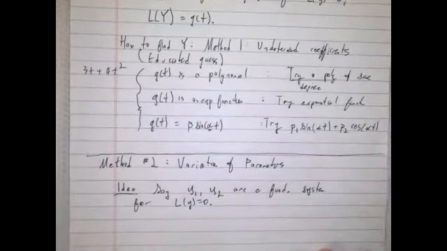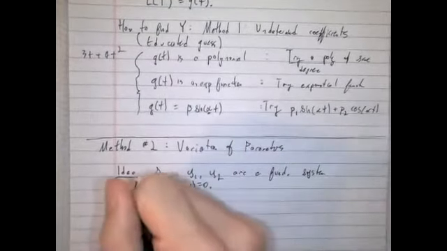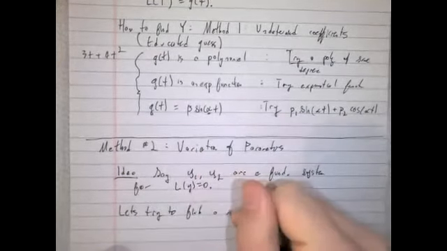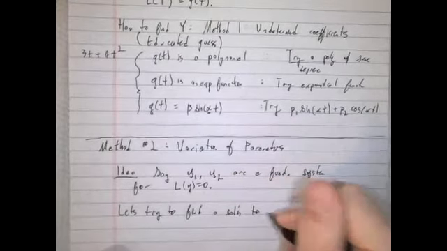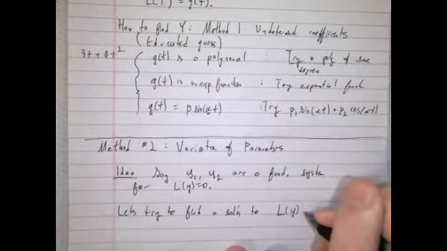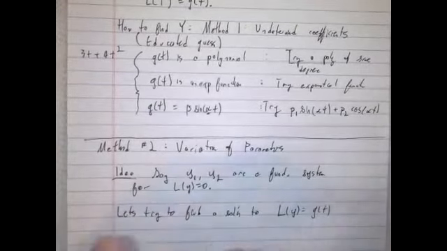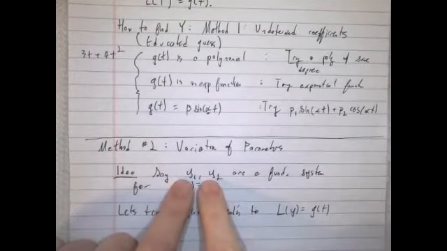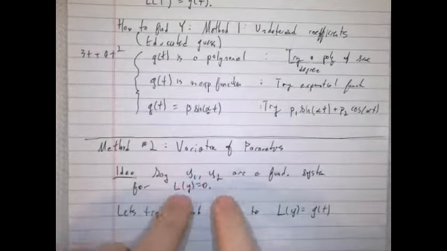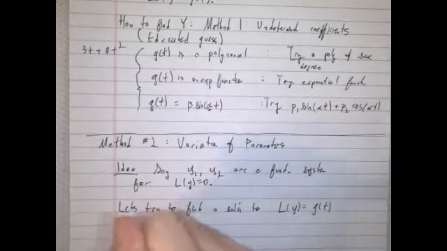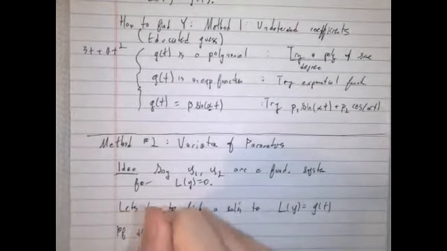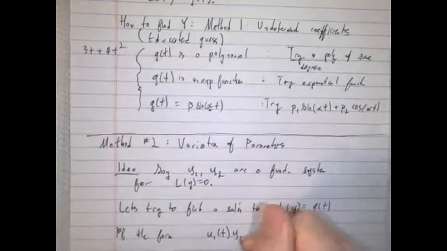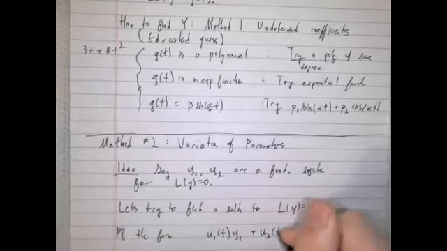What variation of parameters tells us to do is, let's try to find a solution to L of y is equal to g of t by replacing the constants in front of y1 and y2 in the general solution with functions of the form u1 of t y1 plus u2 of t y2.